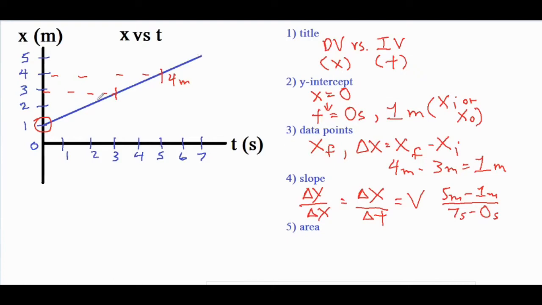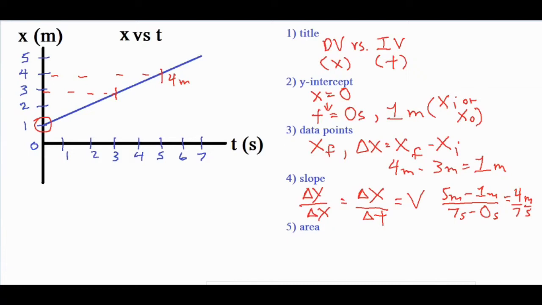So final position minus initial position, and then final time minus initial time. Then it would be 5 minus 1 equals 4, and 7 minus 0 equals 7. So it's 4 over 7. You can put that into your calculator and make that a decimal if you would like. That would be your exact velocity.